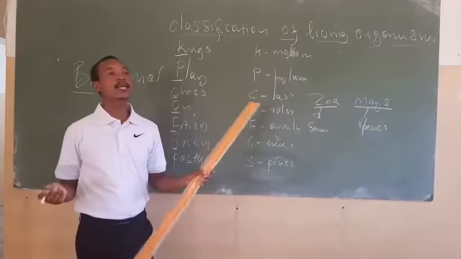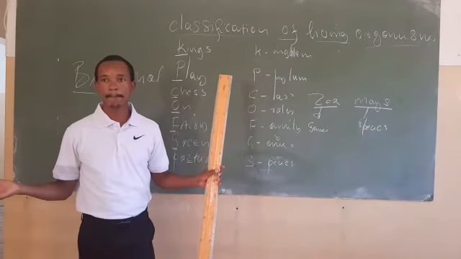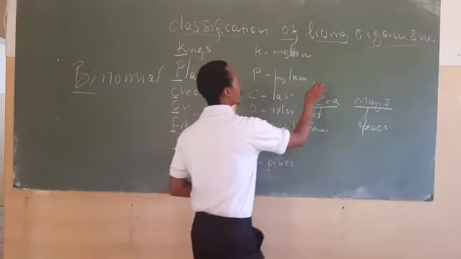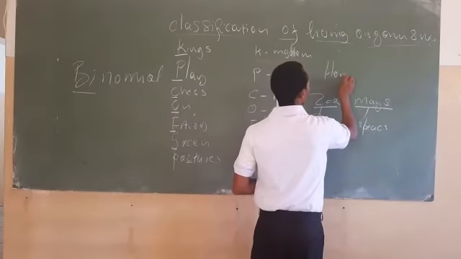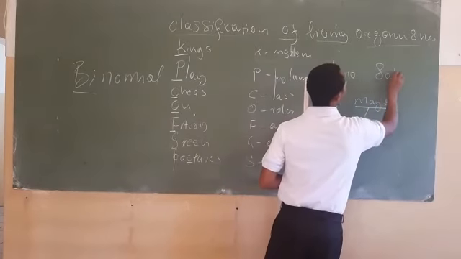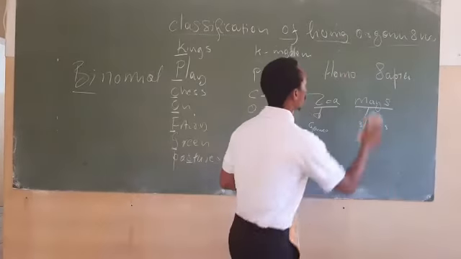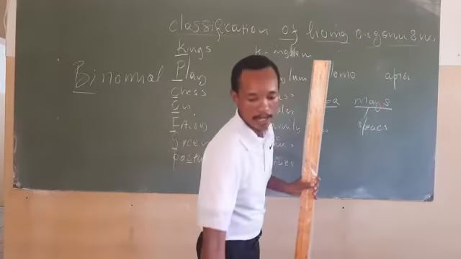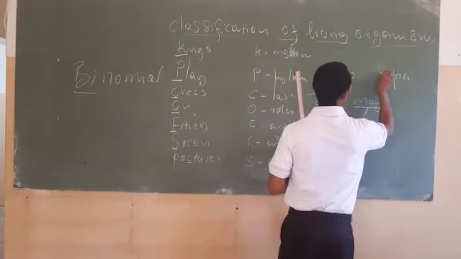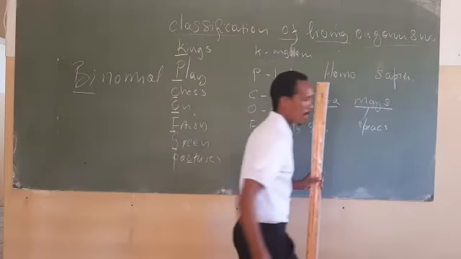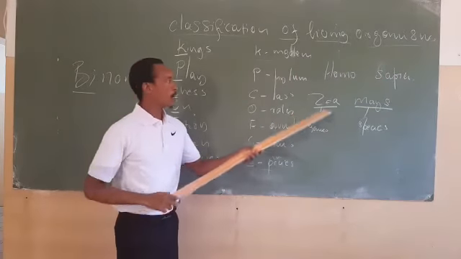Okay, let us say you are naming a human. A human is Homo sapiens. I think my spelling is correct. Let me make this one small, because yes, it is Homo sapiens.